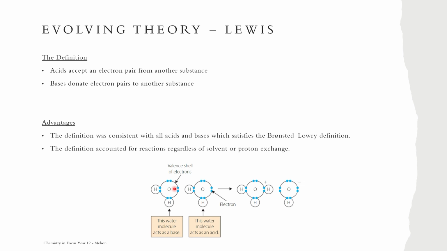For this exchange to happen, the pair of electrons that is sitting on the base has to be donated to the hydrogen that is a part of the acid on the other side. So these two electrons will form a bond with the hydrogen, donating the electron pair. The hydrogen that is on the acid is the electron pair acceptor.